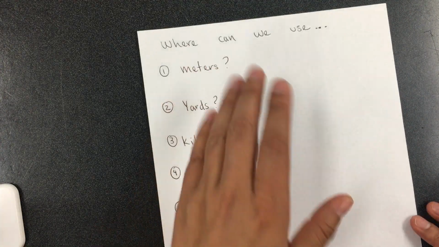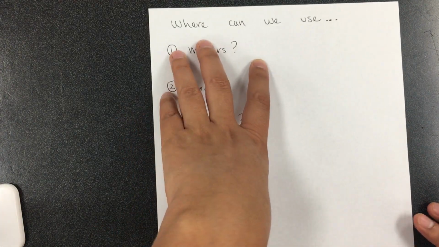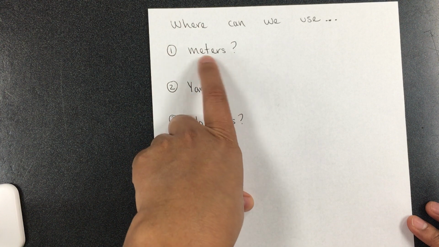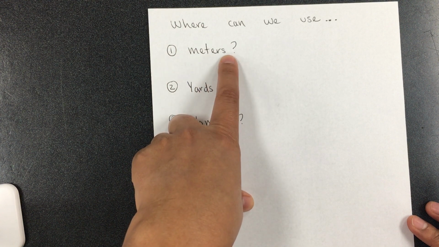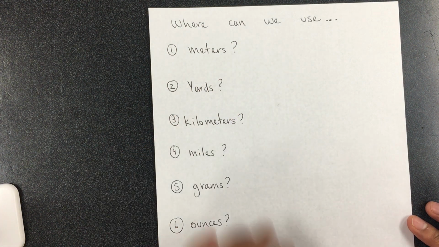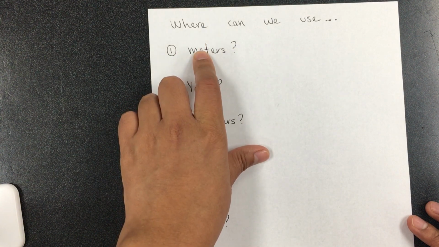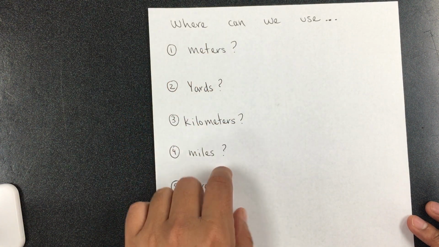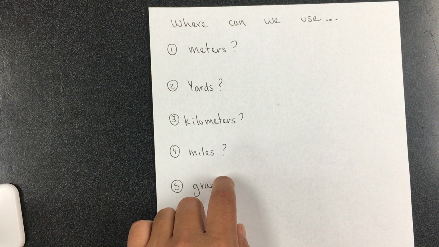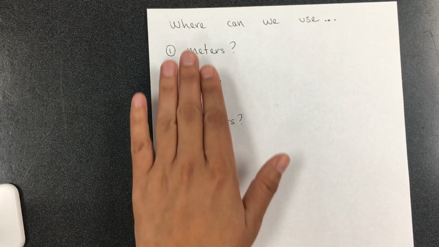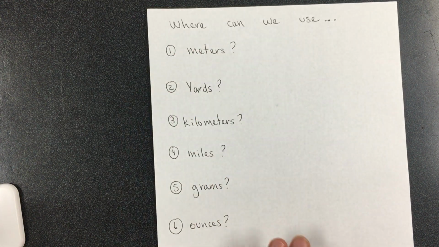Now we're going to be able to see or choose places, because before we were given scenarios and we would use units in previous lessons. Now we're giving the unit and we have to think of where in real life could we use this type of unit of measurement.